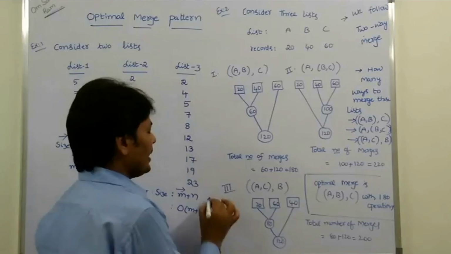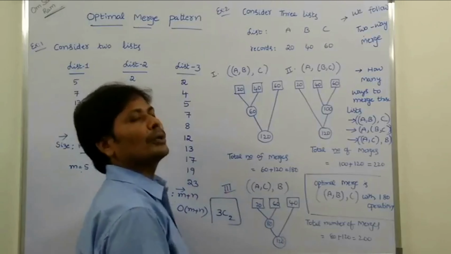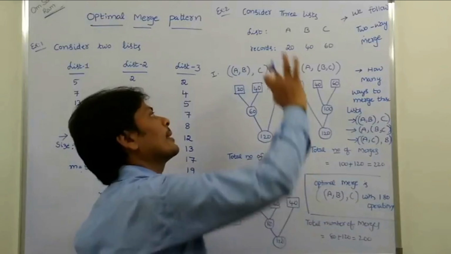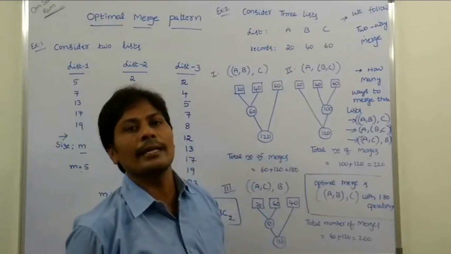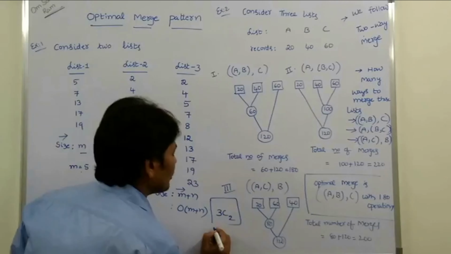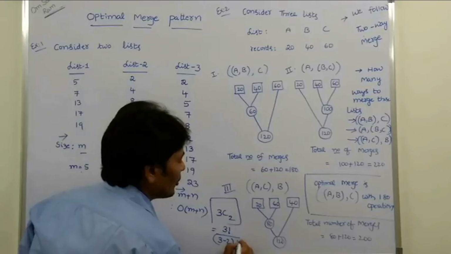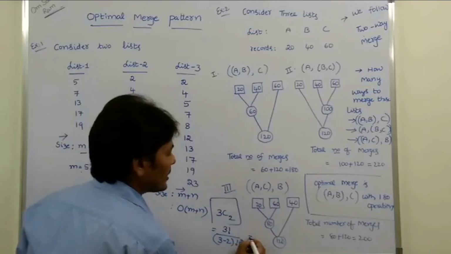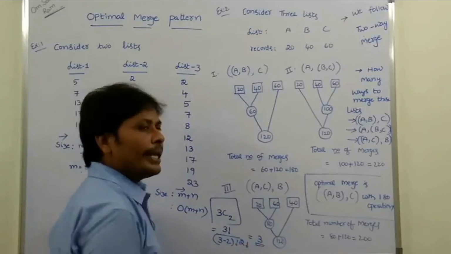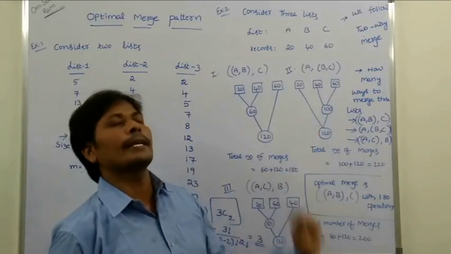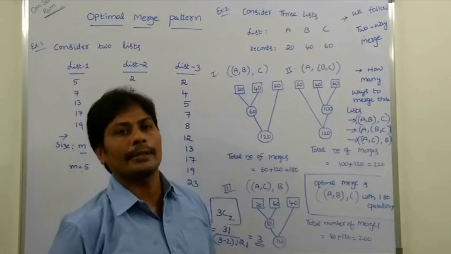That is 3C2. 3C2 is equal to 3 factorial by (3 minus 2) factorial into 2 factorial, which is equal to 3. So 3 orderings are possible to merge these three lists into a single sorted list.